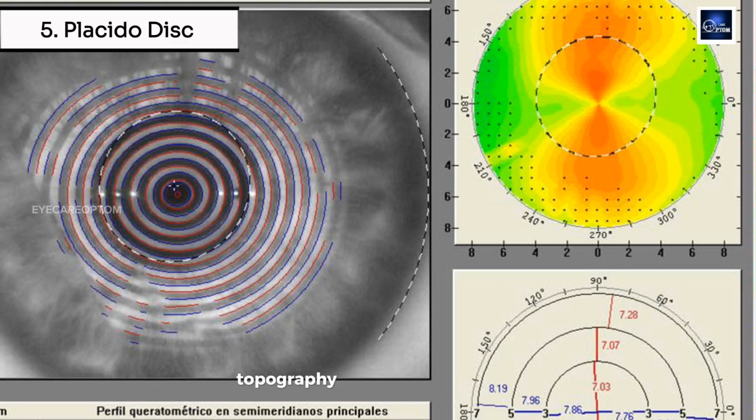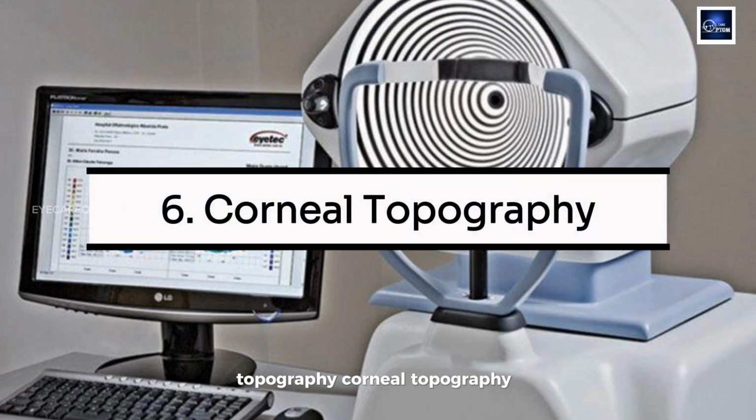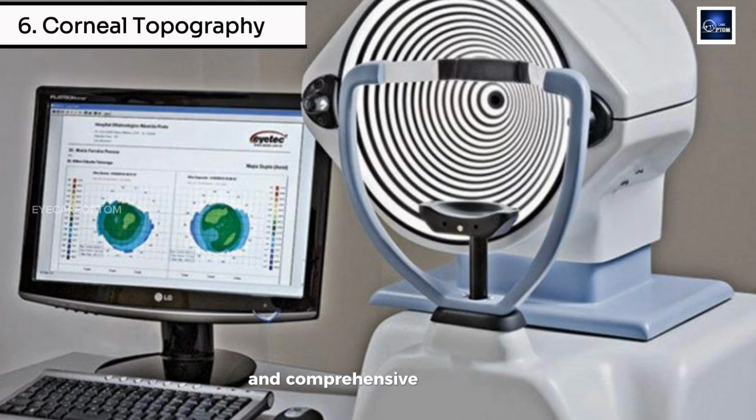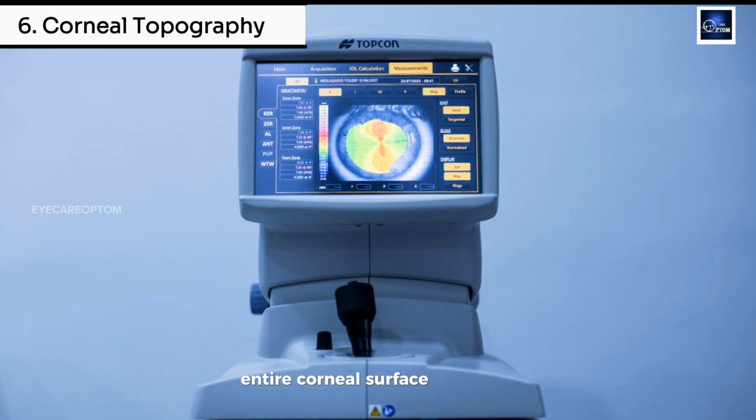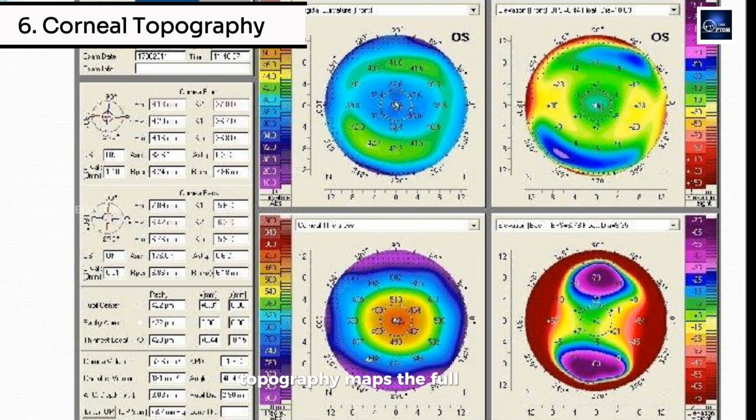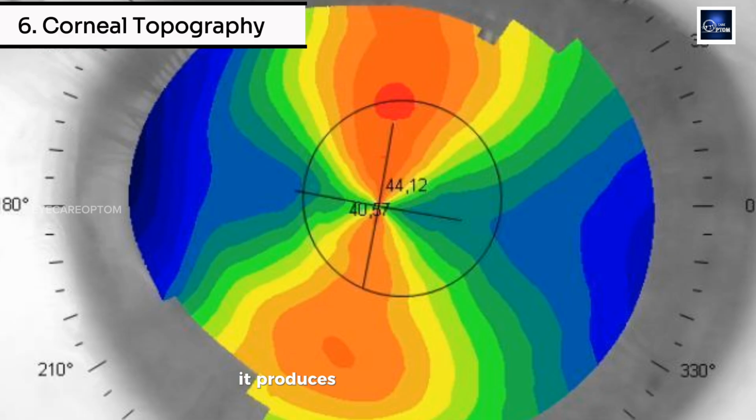Corneal topography is the most advanced and comprehensive method of mapping the entire corneal surface. Unlike the keratometer, which measures only the central 3 millimeters, topography maps the full corneal surface from center to periphery, covering thousands of data points. It produces a color coded map of the cornea where different colors represent different curvature and powers.